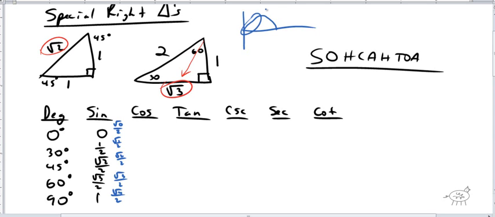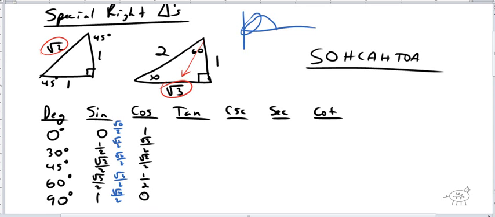The rest of this is, again, just using SOHCAHTOA, and to make this go a little faster, you can just pull this off of the chart here. Cosine starts at 1, and it's going to go 1, root 3 over 2, root 2 over 2, 1/2, and 0. So it's actually going in reverse of what sine did.